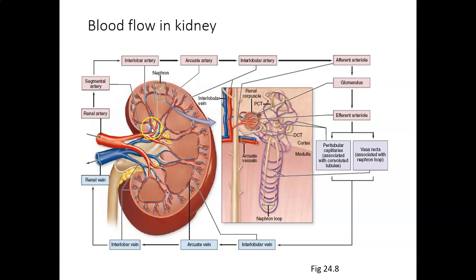So from the segmental artery, it goes into the interlobar artery, and from the interlobar artery, you can see it travels along this edge. This is the separation between the cortex and the medulla.